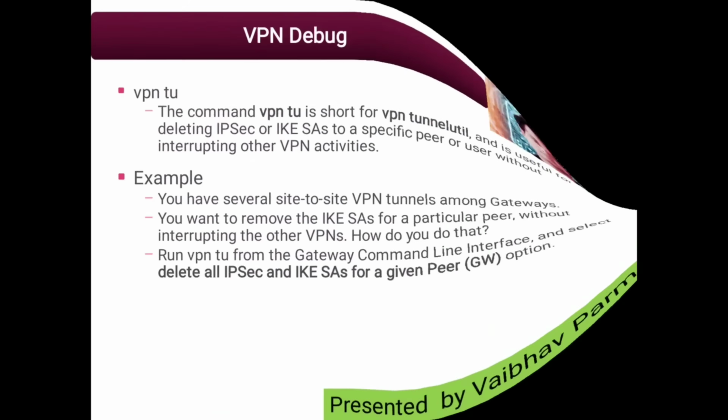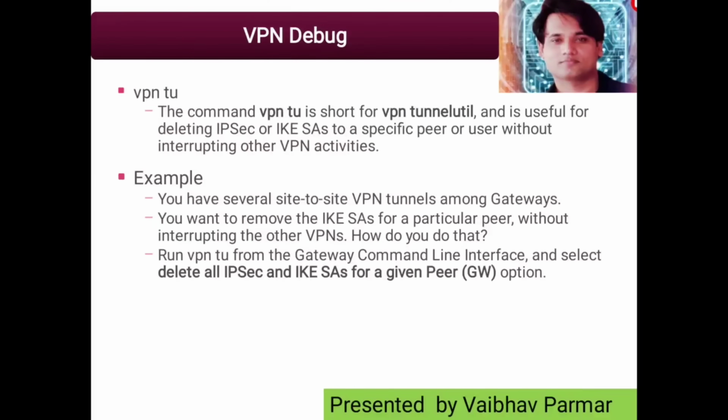Let's look more at the vpn tu command. The command vpn tu is short for vpn tunnelutil and is useful for deleting IPsec or IKE SAs to a specific peer or a user without interrupting other VPN activities. For example, you have several site-to-site VPN tunnels among the gateways.